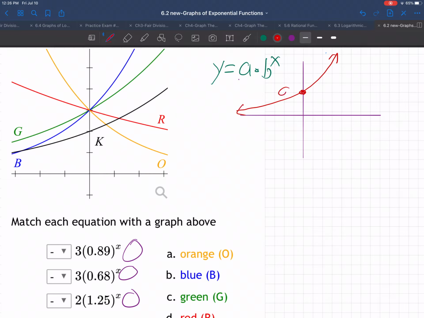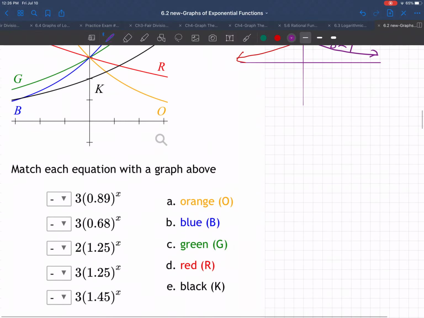This is up at a, and this is for b greater than 1. It goes down like that for b less than 1. Okay, so that's the deal.